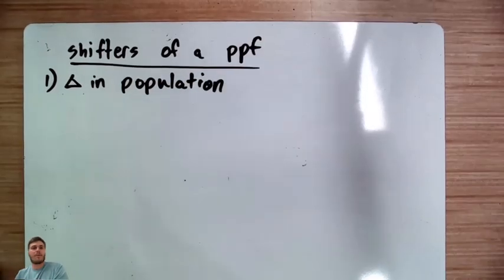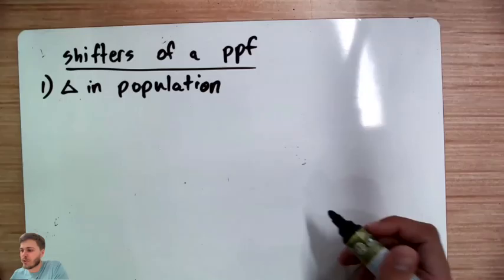Think about the computer and wheat example. If I have suddenly a lot more people, or I have people migrating out of a country, I'm going to have more labor hours or I'm going to have less labor hours. So that'll be our first one.